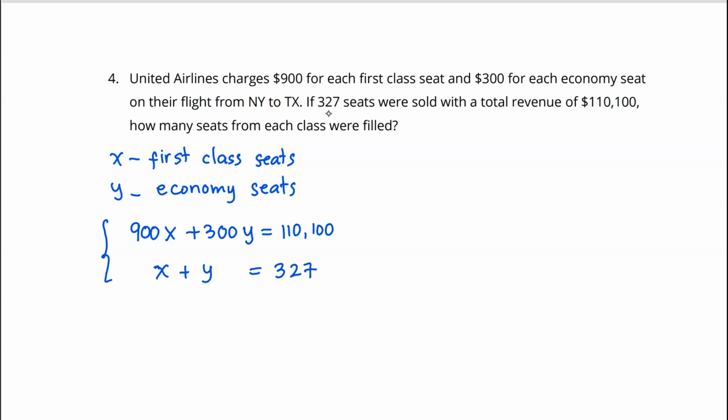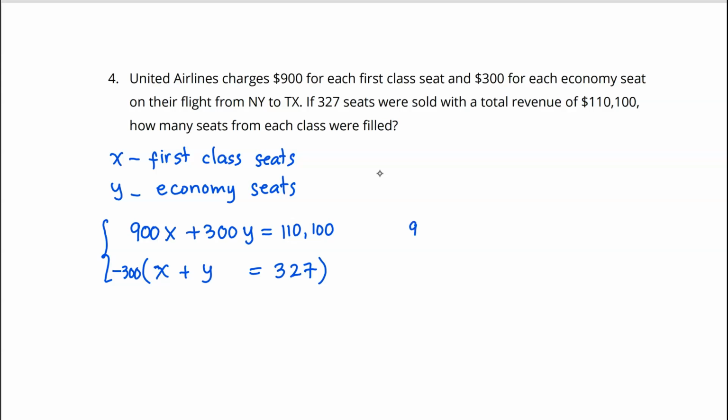Then you proceed to solve the system of two equations here. Let's try to eliminate y. So let's multiply both sides of the second equation by negative 300.